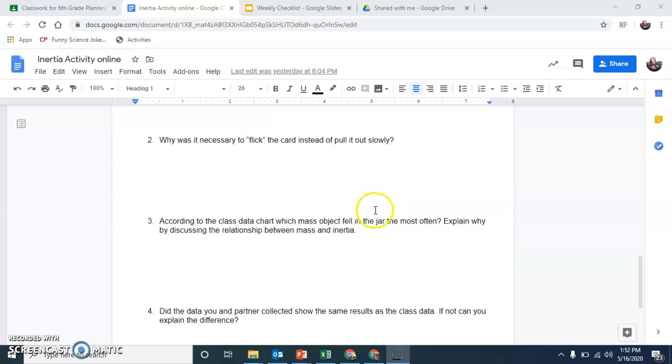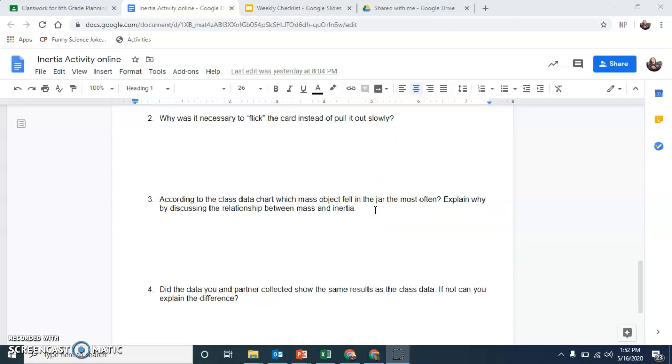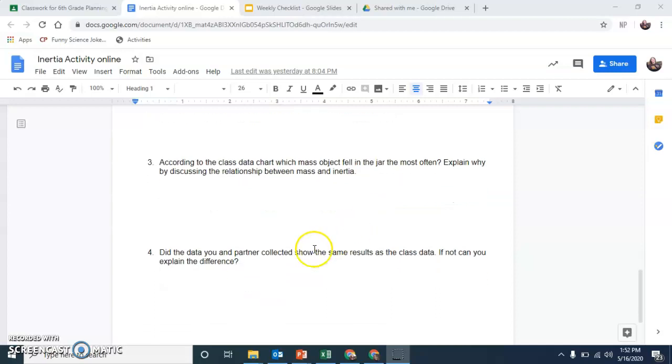You'll have to look at your data and my data, and explain why, discussing mass and inertia. Finally, did the data you and I collected show the same results as everyone's data, or what you expect would happen most of the time? If not, can you explain why?